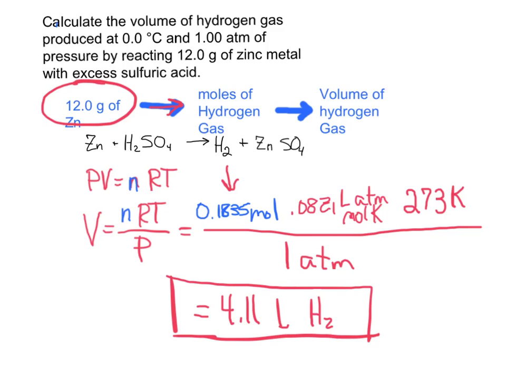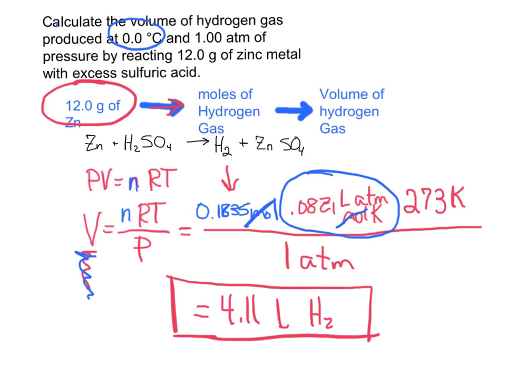Now we have everything we need to rearrange PV equals nRT to solve for the volume of our hydrogen gas. We know, of course, that R is 0.0821 liters times atmospheres divided by moles and divided by Kelvin. These moles are going to cancel out.